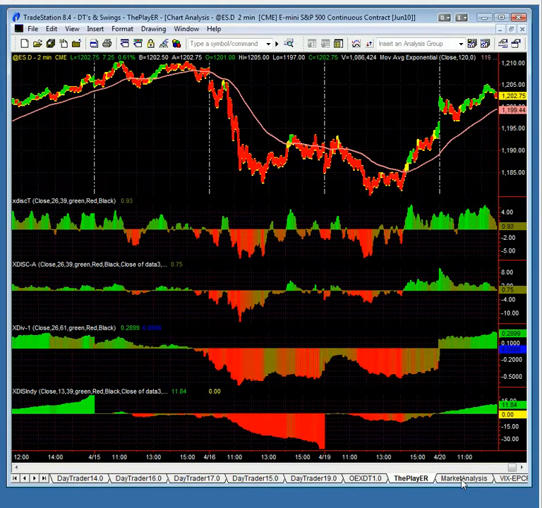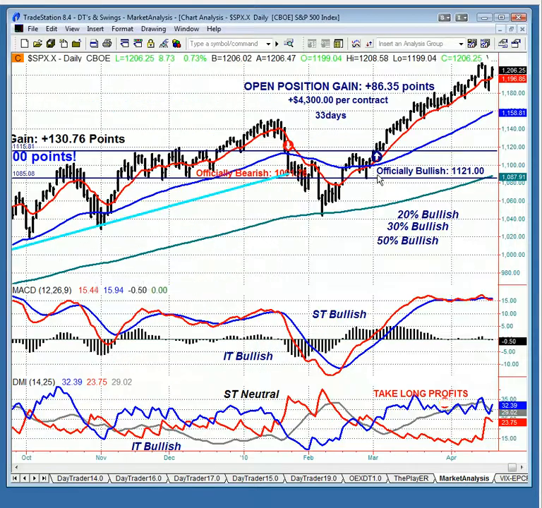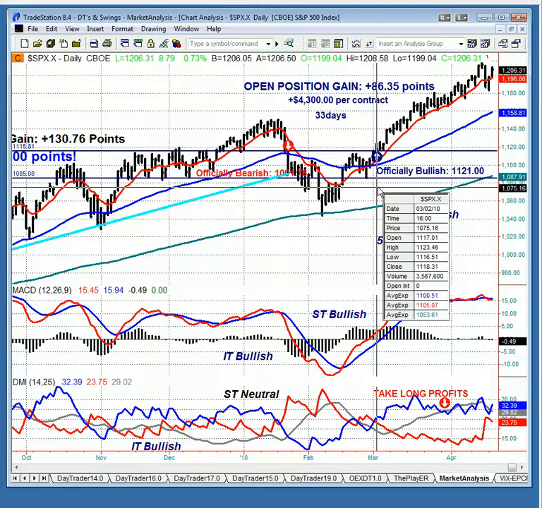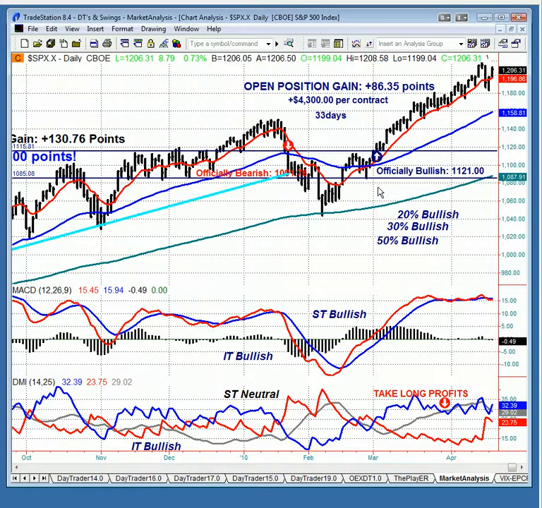We're going to actually switch over and take a look at the daily. Now this, of course, is our official market timing, what we send out to you guys every week, saying this is where we're going long, and we're bullish, we're bearish, we're neutral. Well, we've been bullish since this day right here. What was the date? The second day of March. So this is actually 33 days ago. And we've got an open position gain of 86.35 points in the S&P.